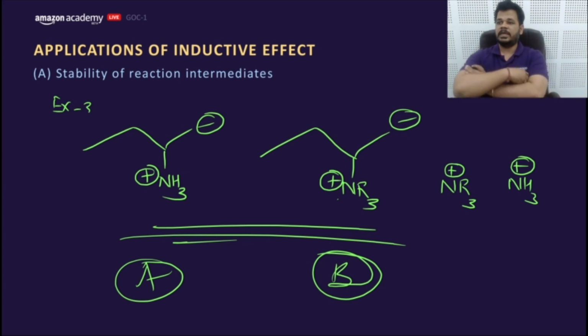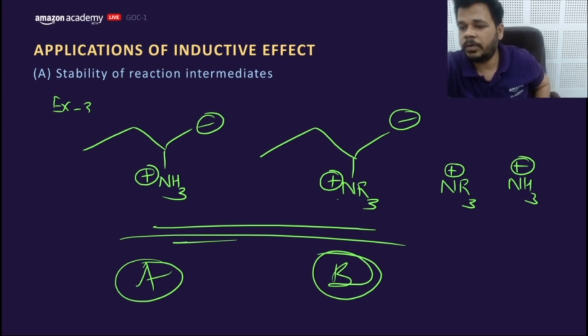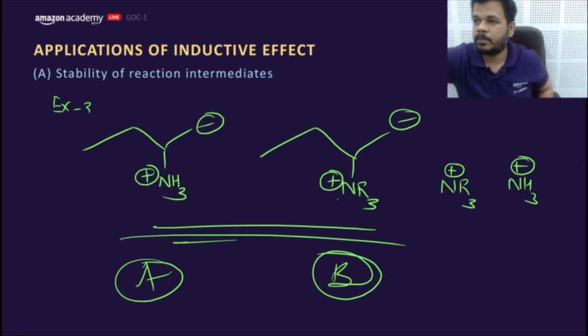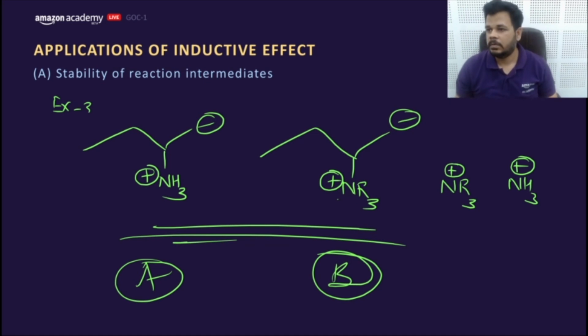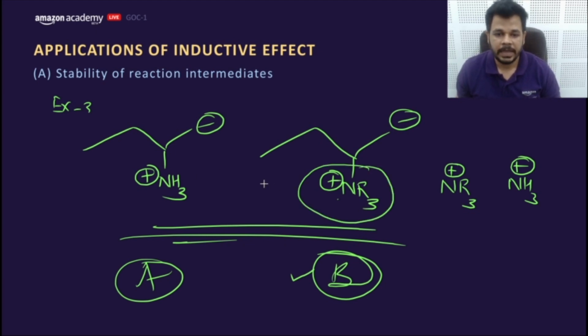Yes, B. Please write your name in the chat box like this, and then answer like this, B. Okay, so the answer would be B, because minus I of NR3 is higher compared to the NH3 plus. So this would be the answer.